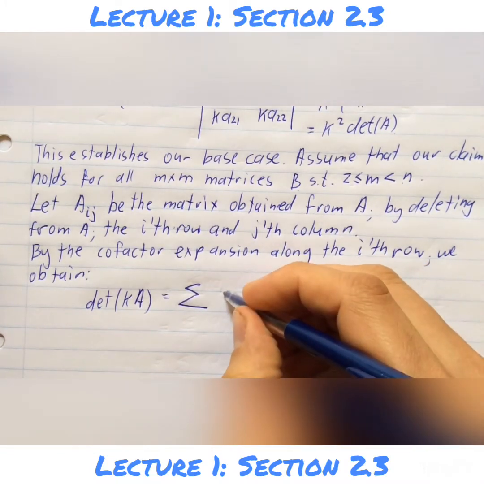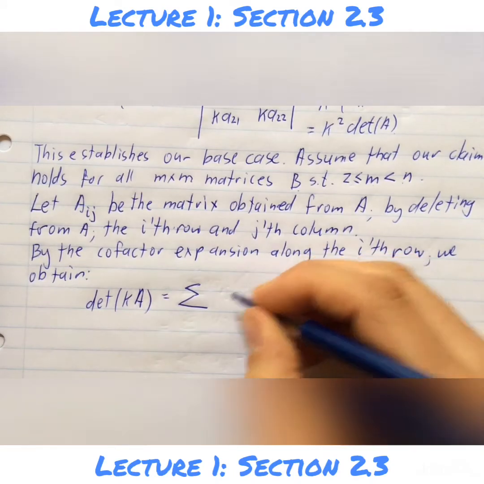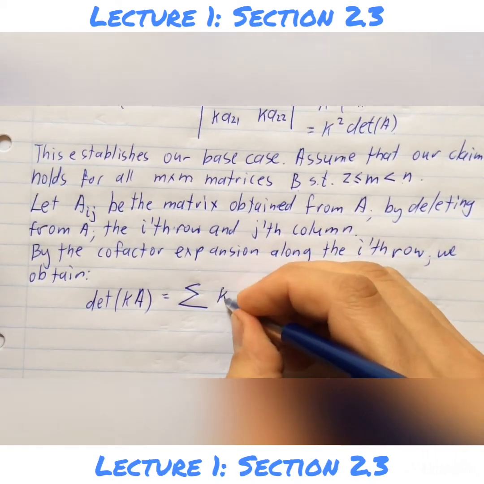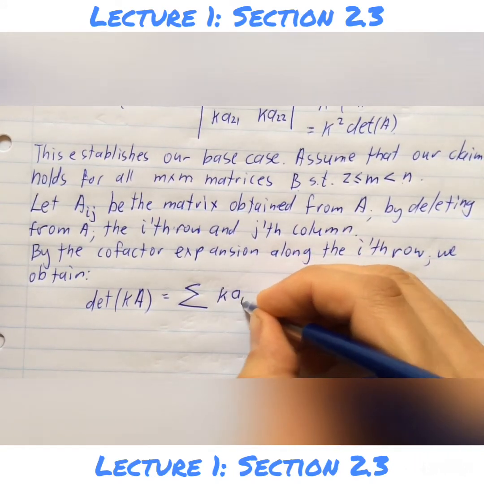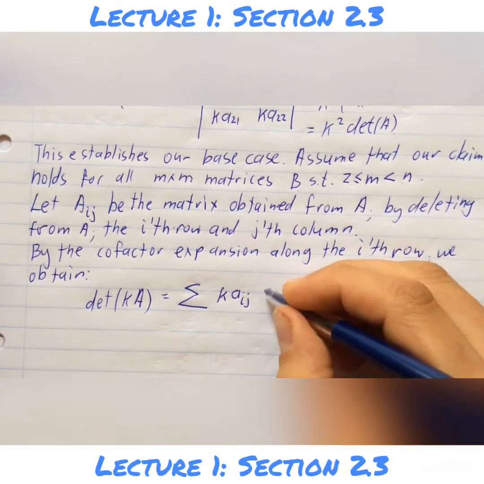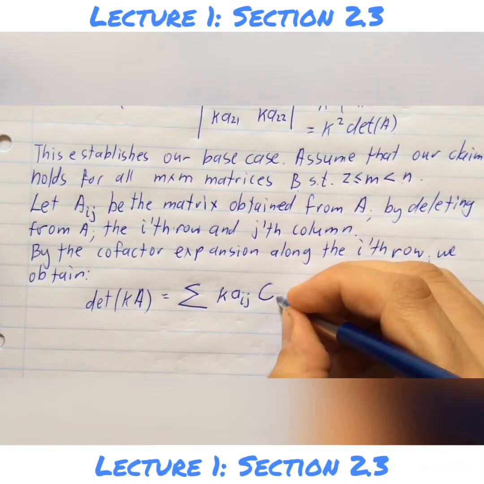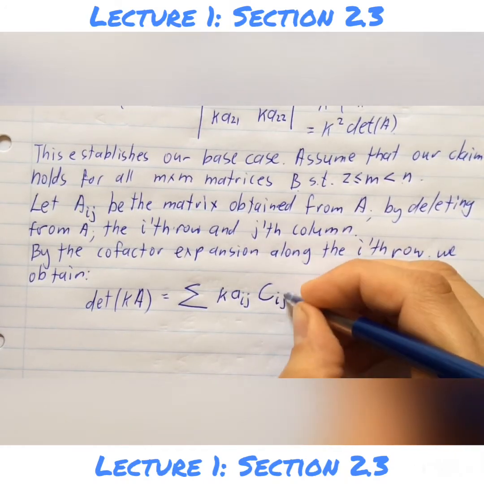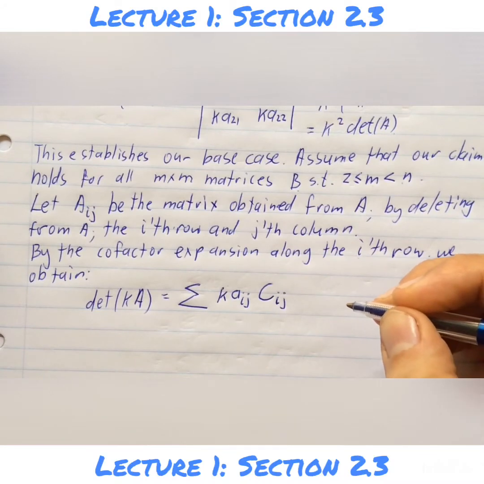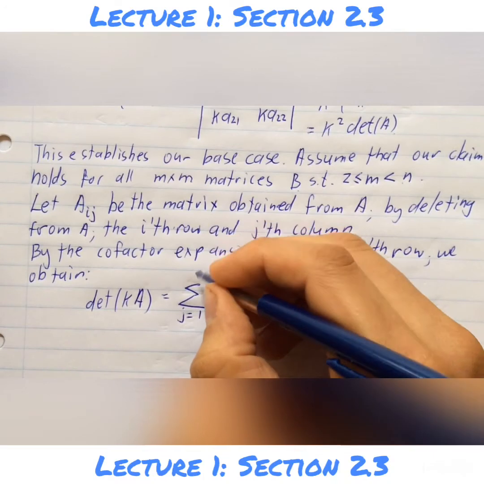The entry in the ith row and jth column of the scalar multiple of A is the scalar times the entry Aij, multiplied by the cofactor of that entry, summed over the j's.